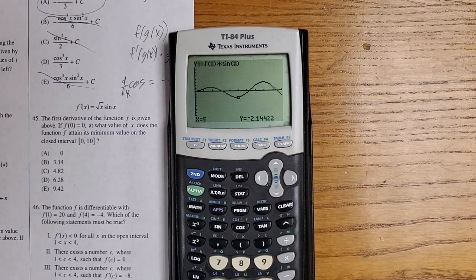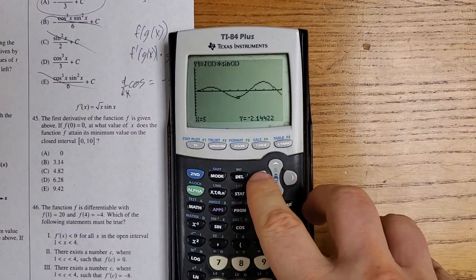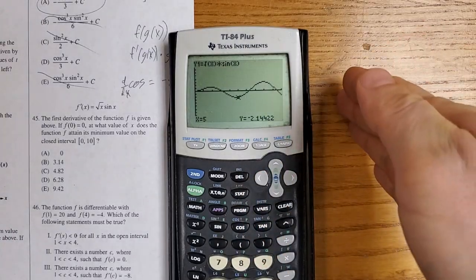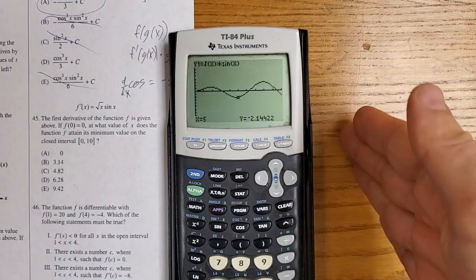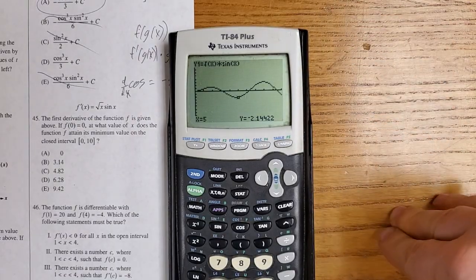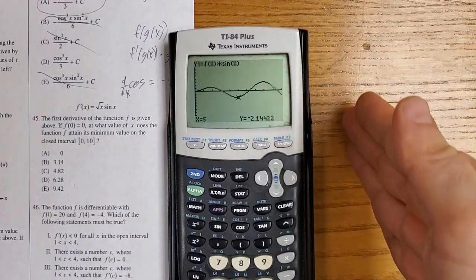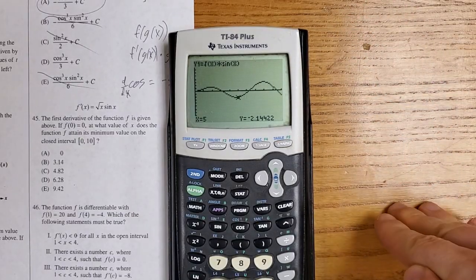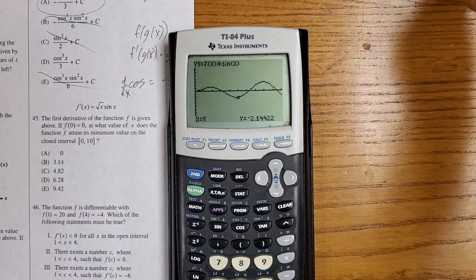So this is the derivative, and remember what we know about a derivative, that we have a minima. If the original graph is reaching a minimum value, that means the slope is negative and then hits 0 and then becomes positive again.